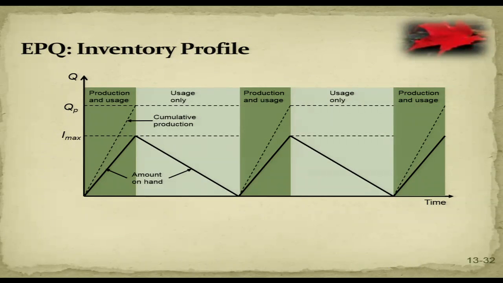We can determine the inventory level because it's just the difference between production rate and demand rate. Any other questions? I don't want to go too fast because this can be a little confusing or complex for some students. No? Clear? Let's move on first. We can go back anytime if you want.